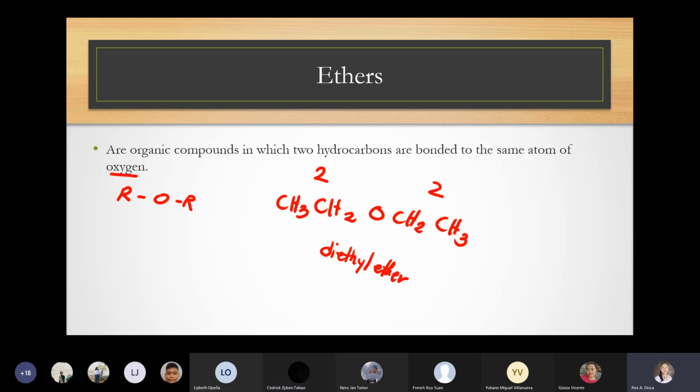Okay, another example natin is ito. Anong pangalan nito?